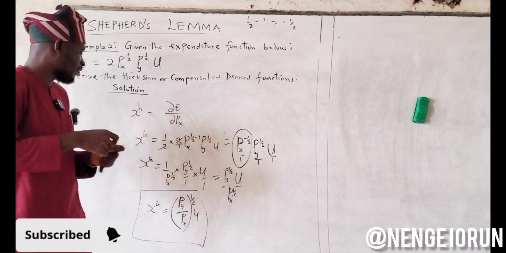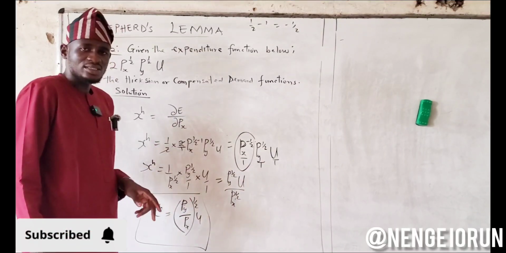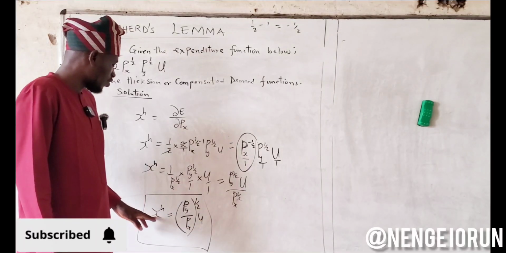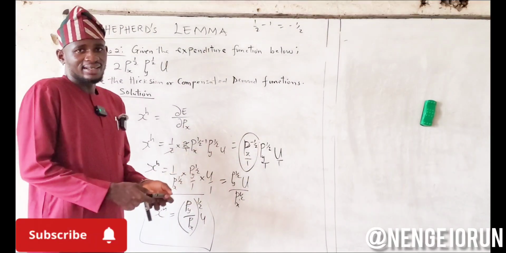The Hicksian demand function, as you know, is a function of the two prices and the utility. So this is the Hicksian demand function for commodity X using the Shephard's lemma.